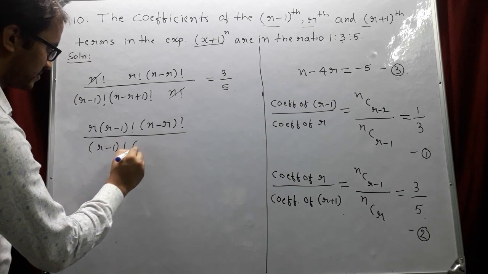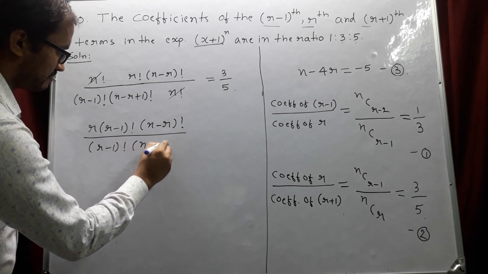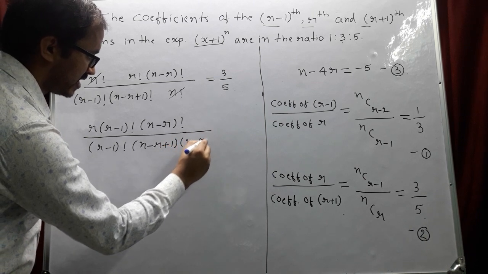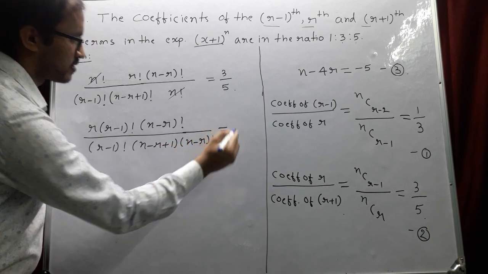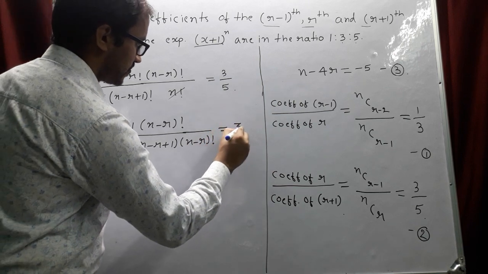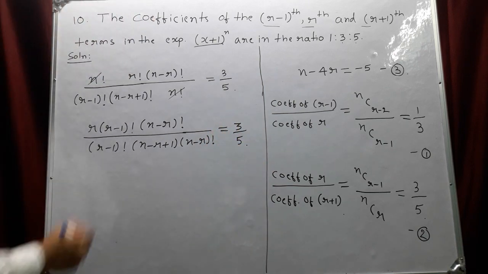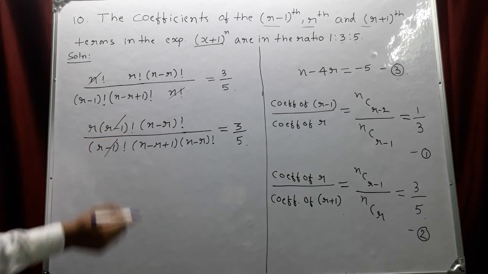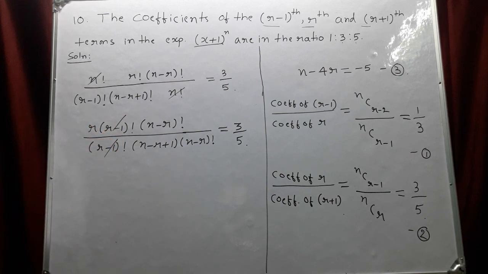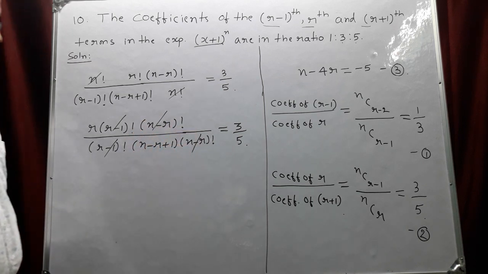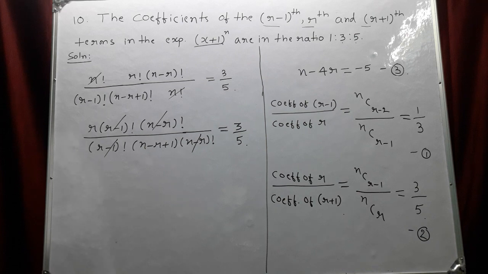We can write it as n minus r plus 1 into n minus r factorial. So that is equals to 3 by 5. So r minus 1 factorial will get cancelled. Similarly, n minus r factorial will get cancelled.